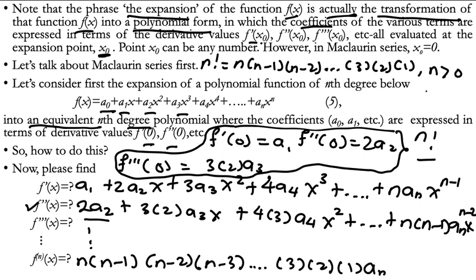So all of this, the ones that I circled to emphasize here, f prime 0 equals a1, f double prime 0 equals 2a2, can be written as this. So a1 I can write as f prime 0 over 1 factorial, because 0 factorial is 1.